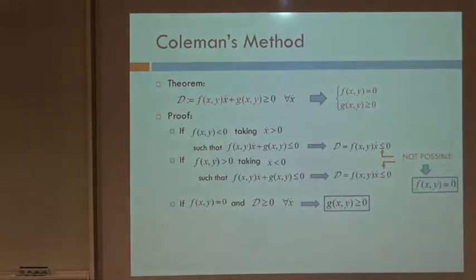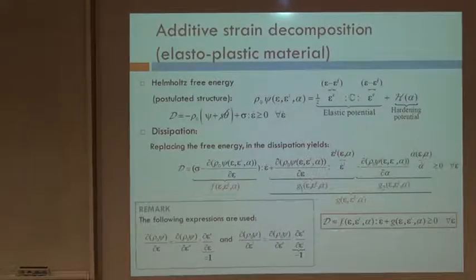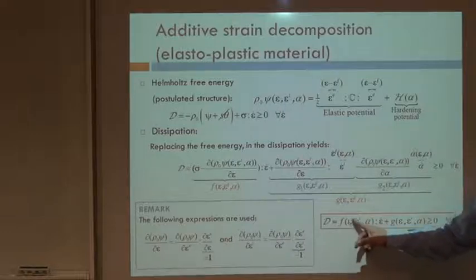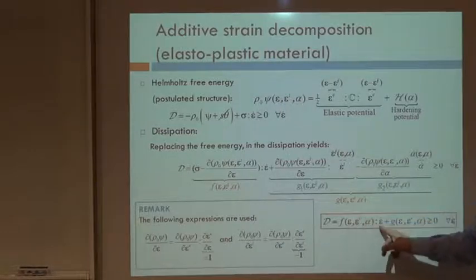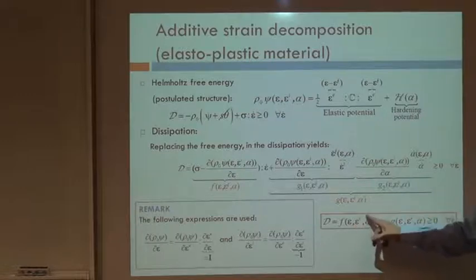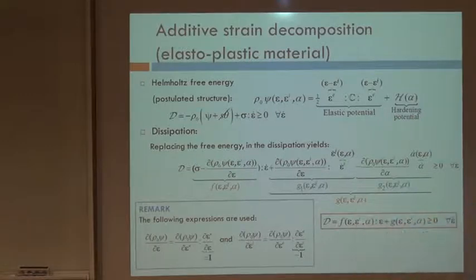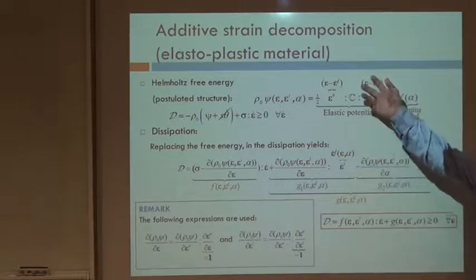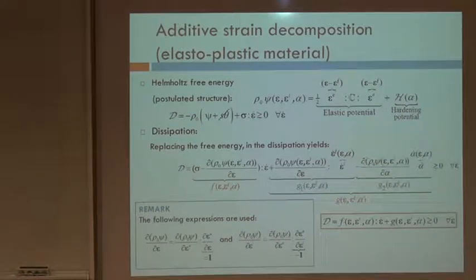So look now at the equation of the dissipation we have found. It's exactly that one. Now x stands for epsilon, and y stands for epsilon, I, alpha. So that is just a specification or a generalization of that theorem for the cases in which, instead of scalar variables, we have tensors or vectors or whatever. This stands by doing the reasoning component by component.